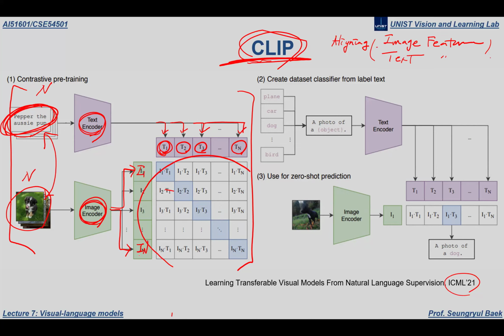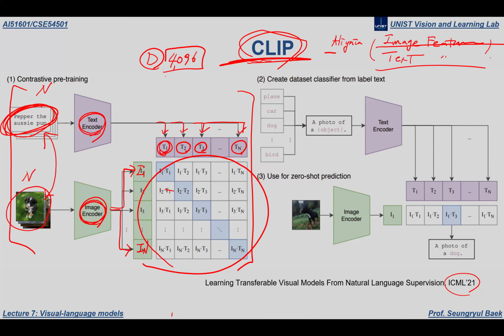And then what we do is align the image features and text features, which means the text encoder's output and the image encoder's output have the same dimension, for example D dimensions.